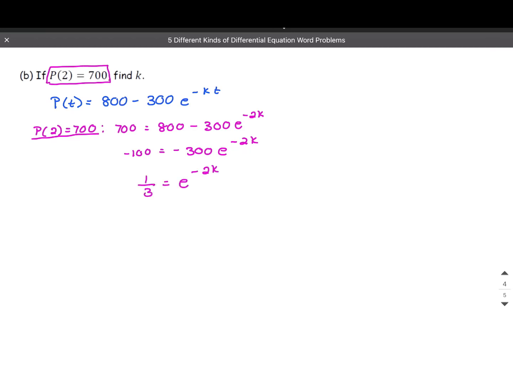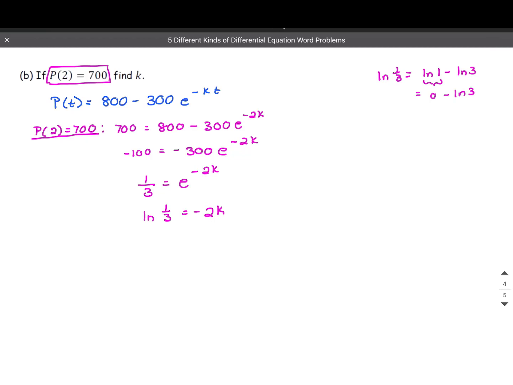I have an exponential equation that I need to change to a log to solve. So I take the natural log of 1/3 equals the exponent negative 2k. Now remember, the natural log of 1/3 is the natural log of 1 minus the natural log of 3, right? But we know that the natural log of 1, e to the 0 is 1, is 0.